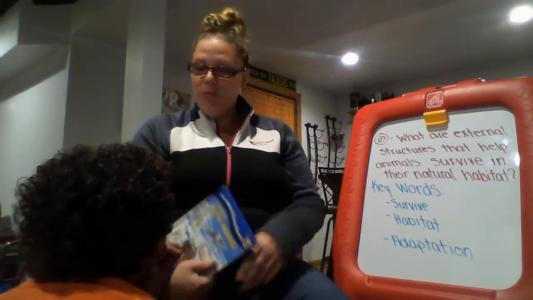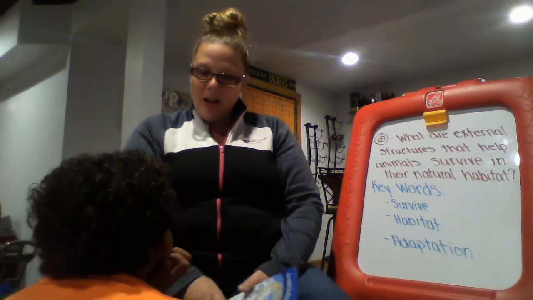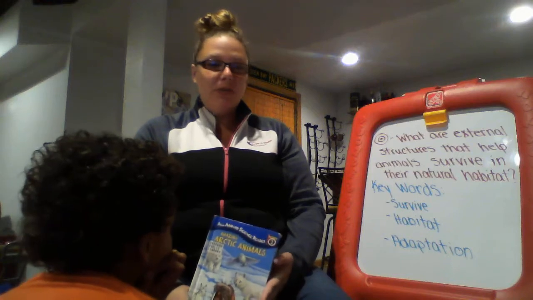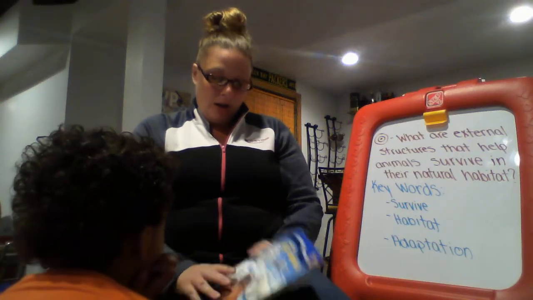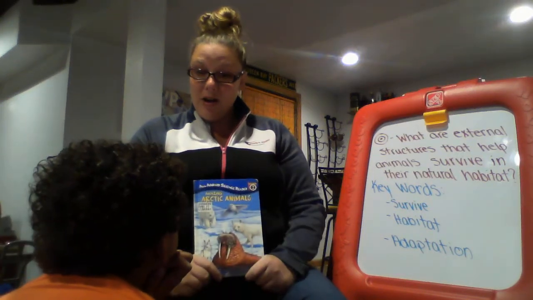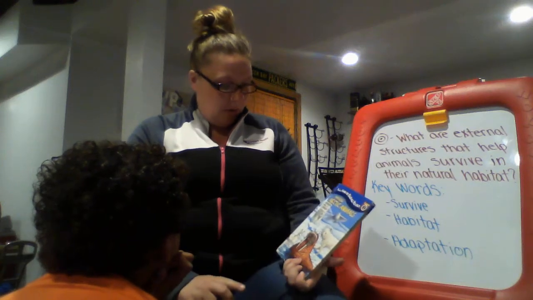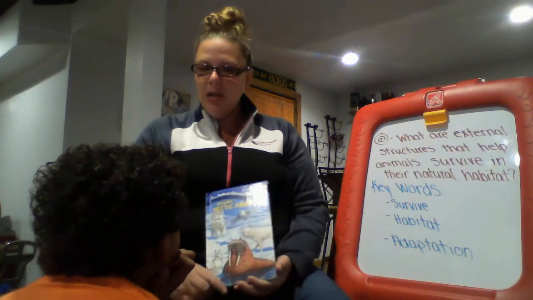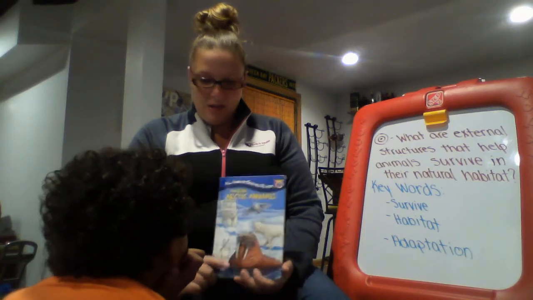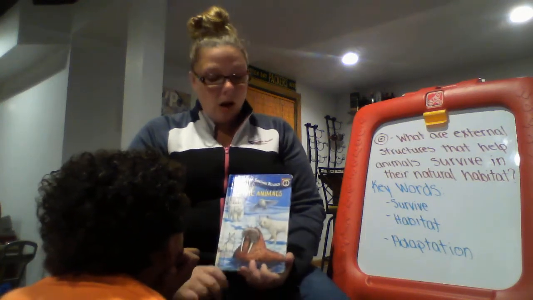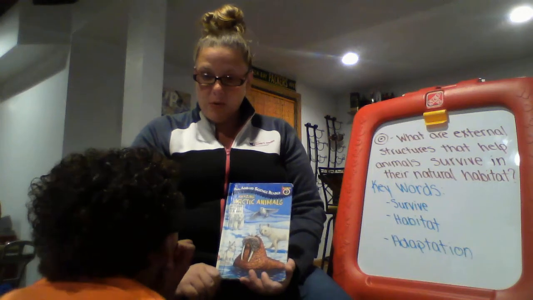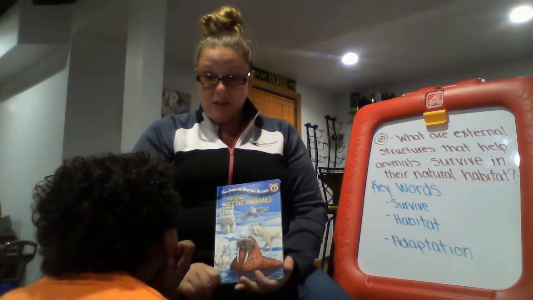Today we're just going to jump right into our lesson. We have been learning the past few days about our Arctic animals and their external structures. So, Trayton, tell me, what is an Arctic animal? A wolf. Okay, it could be a wolf. Arctic animals are animals that live where it's really cold in the Arctic, right?